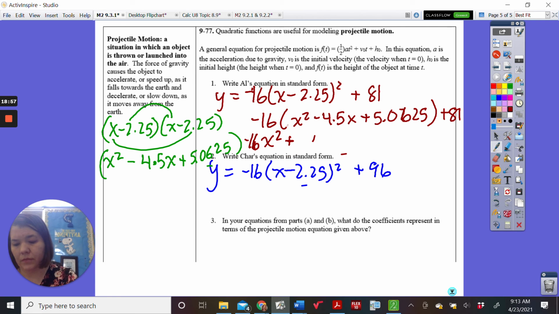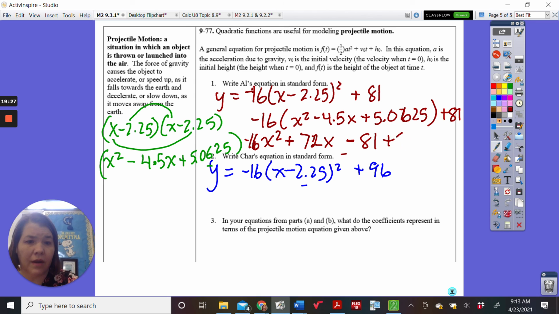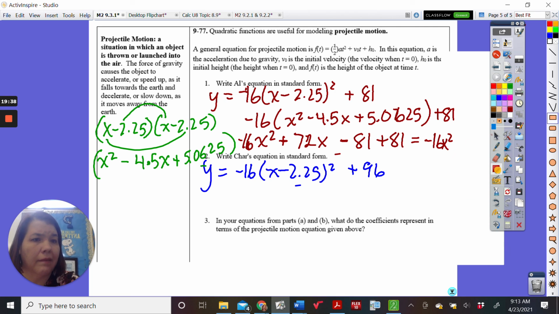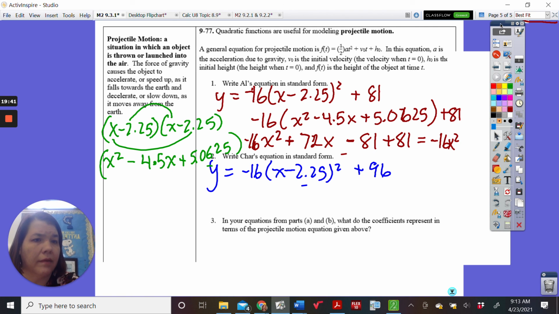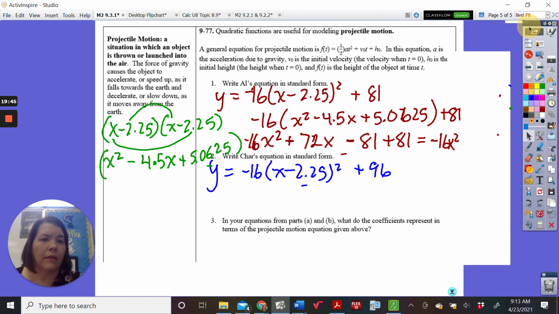plus 72x, and 5.0625 times 16 is 81, so that should be negative 81, plus 81, which is equal to negative 16x squared plus 72x.